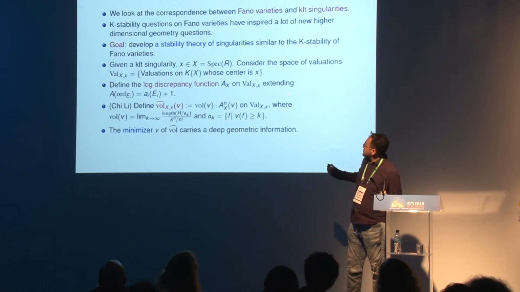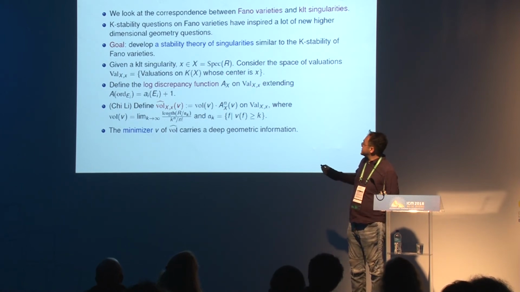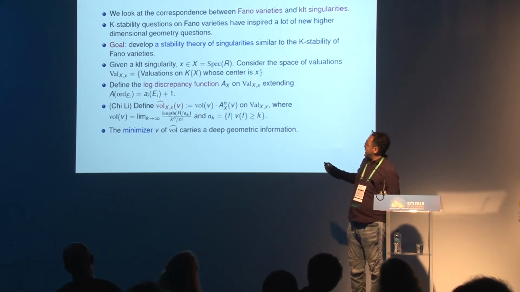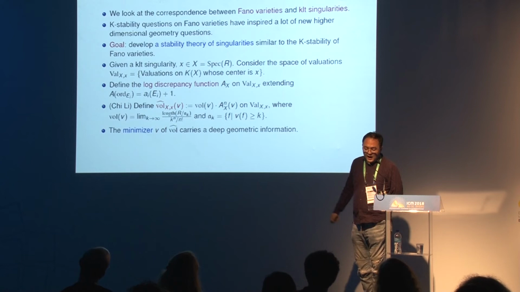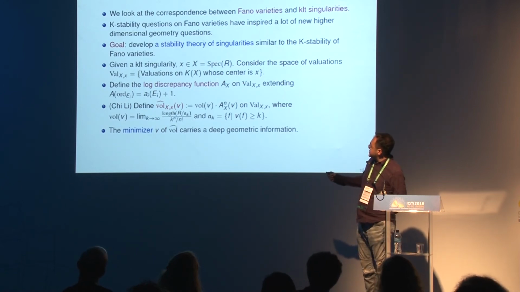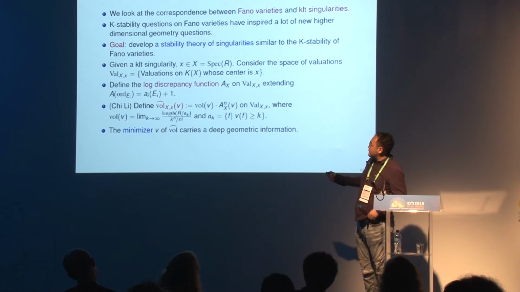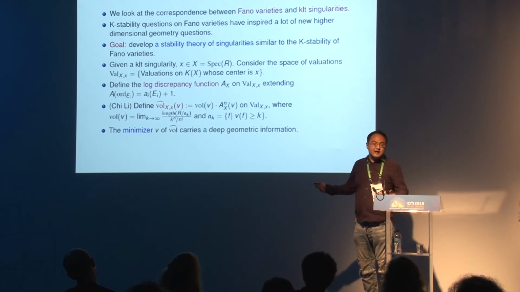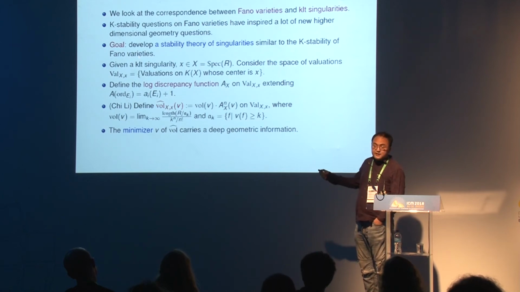So now I start to look at the valuation space, where I look at all the valuations whose center is x. Because it's local, I just give a name x to be Spec R. And I define the log discrepancy function. Previously, I defined the discrepancy function. What I take is just plus 1, and then I call it the log discrepancy. But I don't just define it along the divisors.